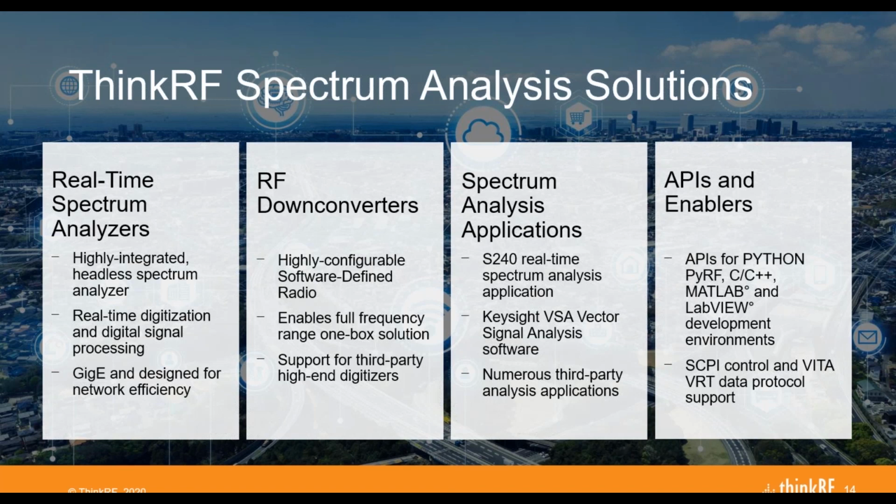Then you've got the RF down converters, which are highly configurable tuners that allow you to go up to a higher frequency range and down convert to a frequency range within the existing capabilities of your existing equipment. It's all based on SCPI commands, so it has the ability to support third-party high-end digitizers as well.